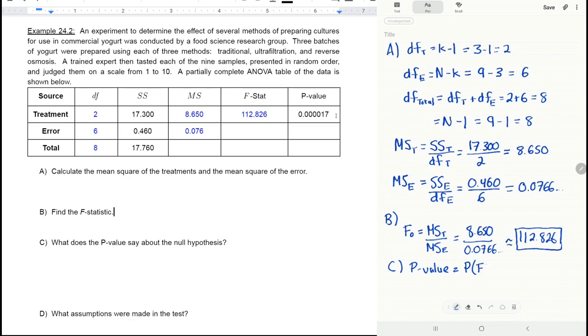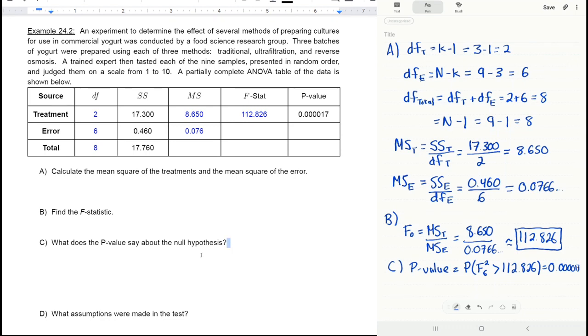So we have an F statistic with 2 numerator degrees of freedom and 6 denominator degrees of freedom being larger than 112.826. We're given that this is equal to 0.000017.